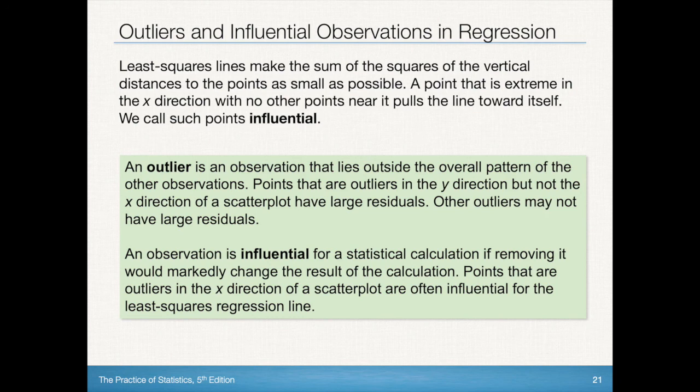At the same time, if you have a point that is very far along your domain, along the explanatory or the horizontal value, then that value can be significantly influential in the statistical calculations associated with our linear regression. If you think back to the charts that we just looked at, the child 19 point is certainly an outlier, but the child 18 point is influential because it drastically changed the results of the statistical calculations.